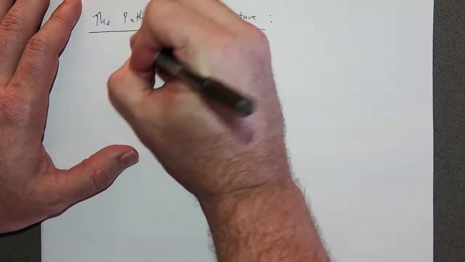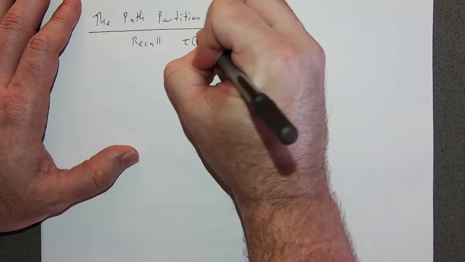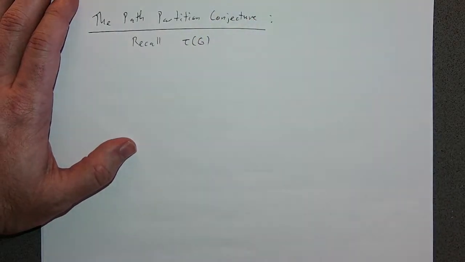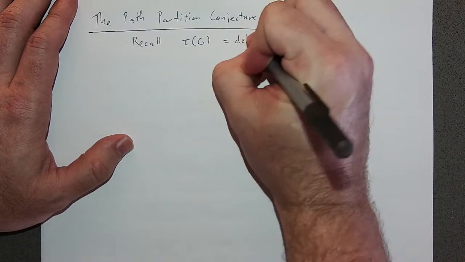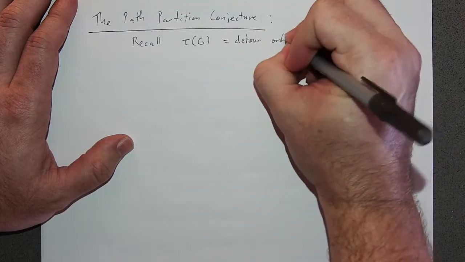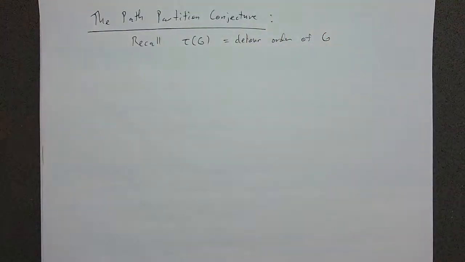Recall from earlier today that tau of G we defined to be the detour order, which was the number of vertices in a longest path in G.